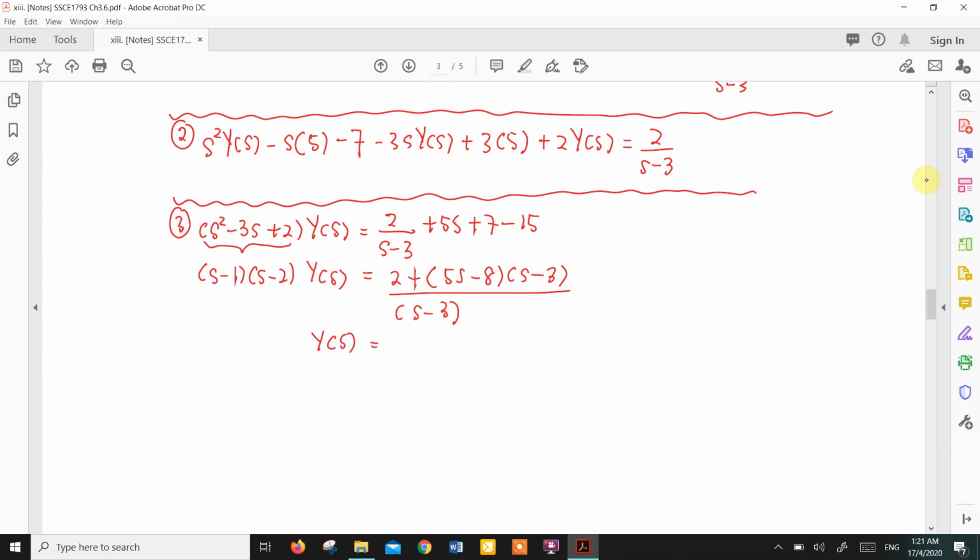Then you find Y(s). So Y(s) equals 2 plus, this one you expand because later we're going to simplify the function. So you have 5s squared minus 15s minus 8s plus 24 over (s minus 3)(s minus 1)(s minus 2).